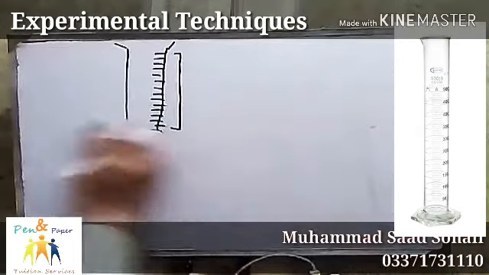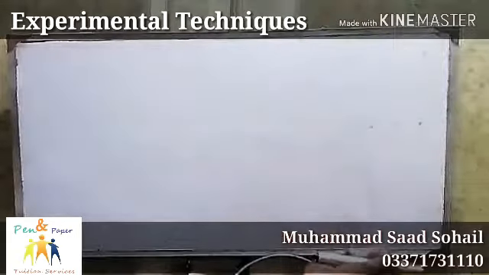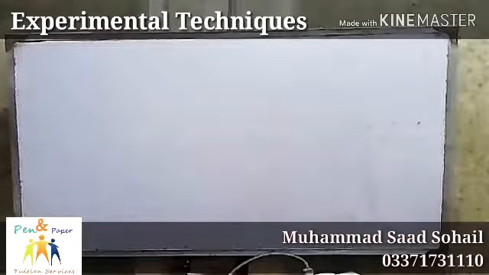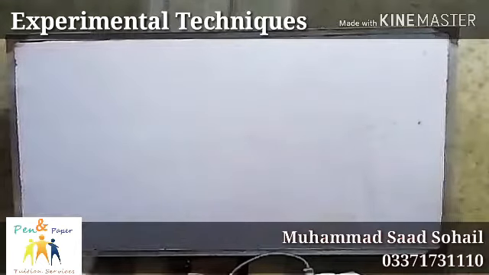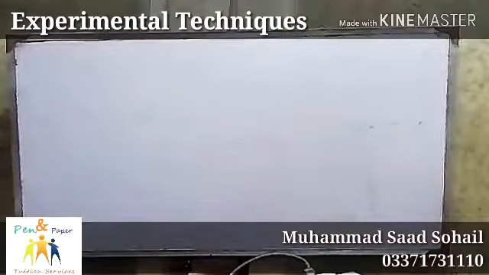Then another apparatus you need to know is a syringe. Now there are two types of syringes used here. One is the gas syringe, one is the liquid syringe, right?